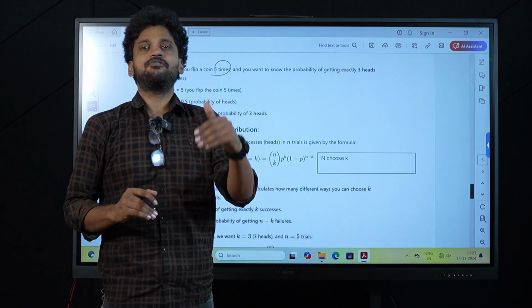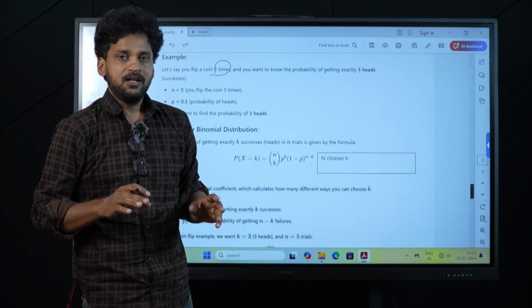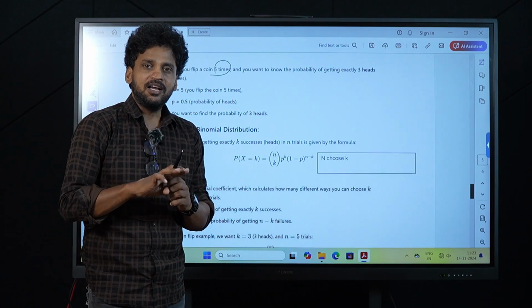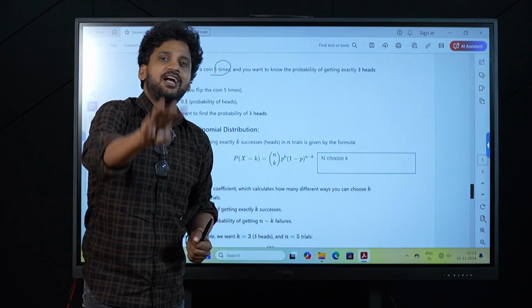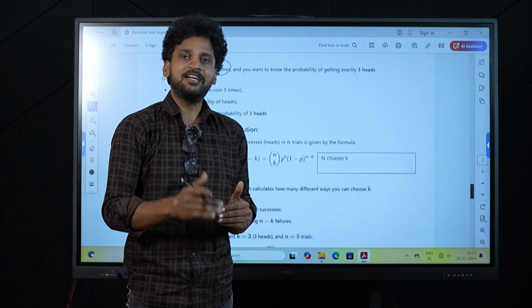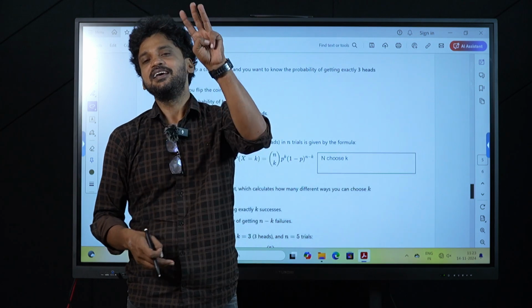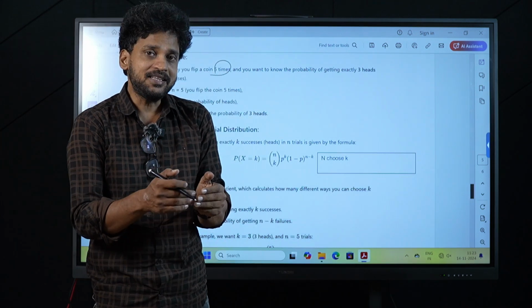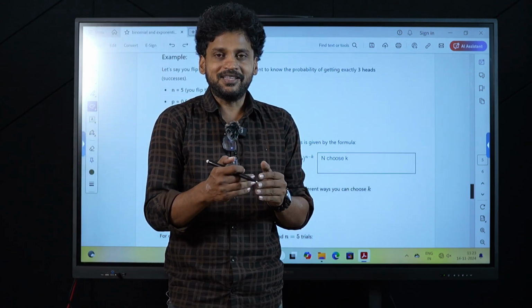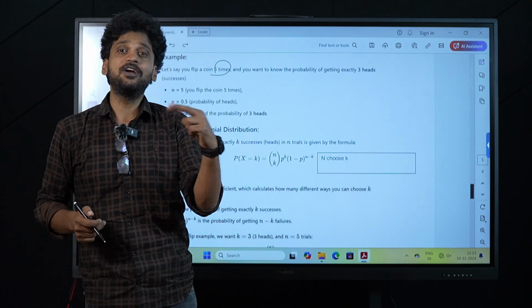You are playing with your friend and you bet that you will get exactly 3 heads. There are several parameters to be considered. We need to calculate the probability of getting exactly 3 heads. If you want 3 heads, there should be 2 tails also. If you want 3 successes, there should be 2 failures also.